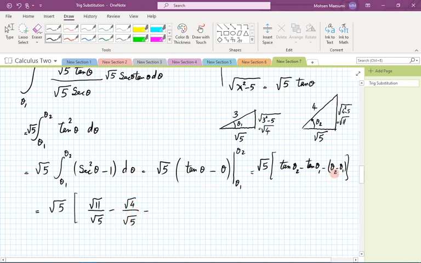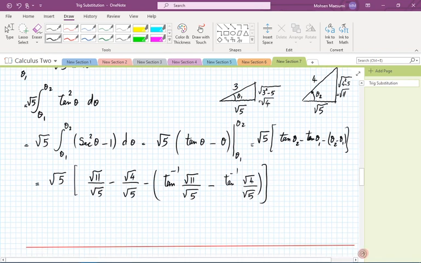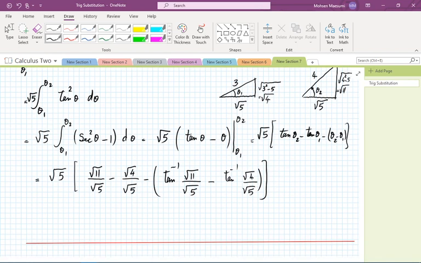minus, now angle theta itself. How do I calculate the angle? It's the inverse tangent of the ratio. So I write tangent inverse of exactly that number, radical 11 over radical 5, and then minus what? Same thing here, tangent inverse of radical 4 over radical 5. Okay, that's our answer. If somebody wants it with so many decimal places, you crank up your calculator and find it.